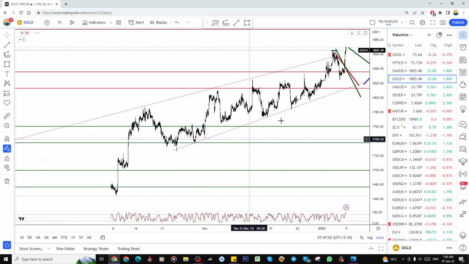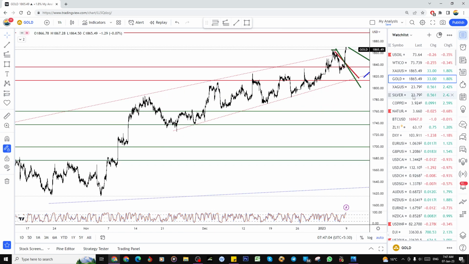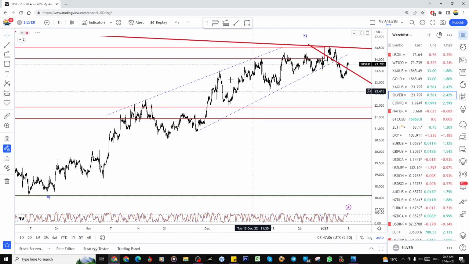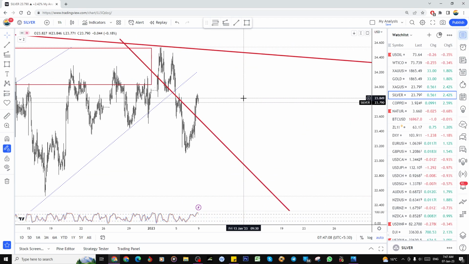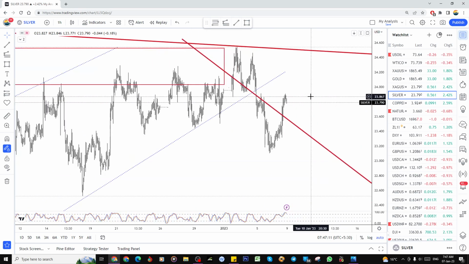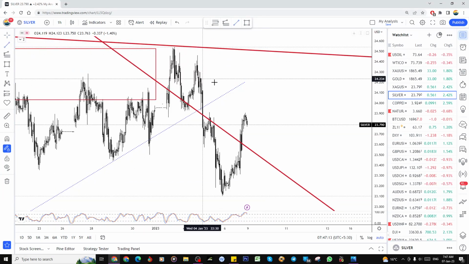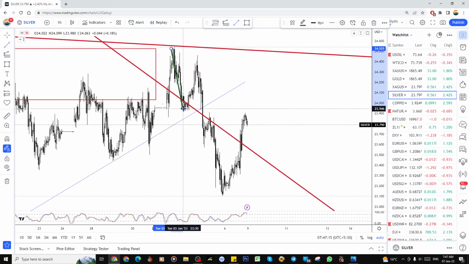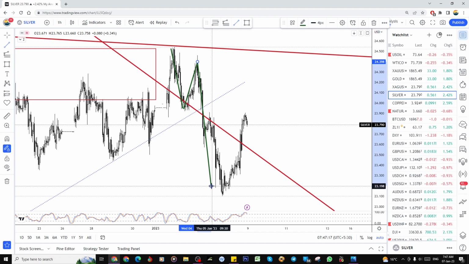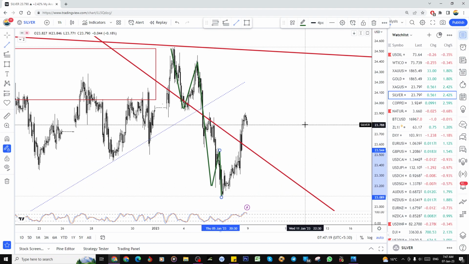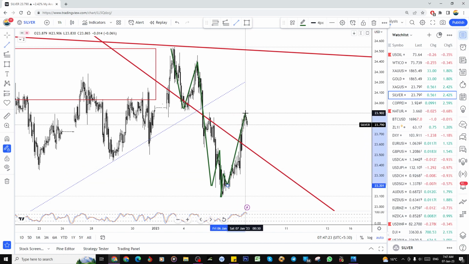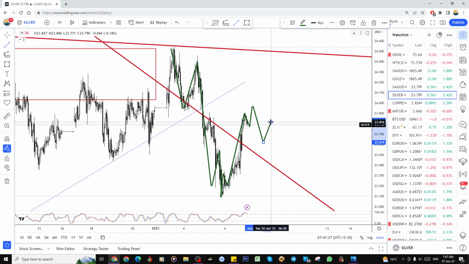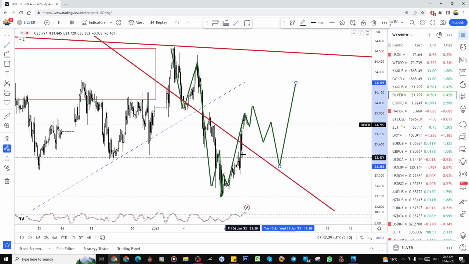So until it breaks. But if you look at the silver, it is not yet broken, and it is doing a 5-wave structure. It seems like a 5-wave structure here: 1, 2, 3, 4, and 5. And after that also 1, 2, 3 is being done. Whether it is going to do 5 waves, and again a 3-wave structure, and again a 5-wave structure.